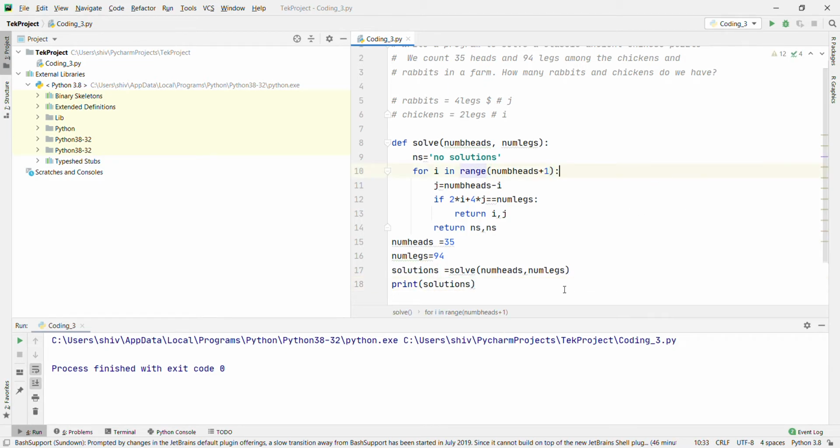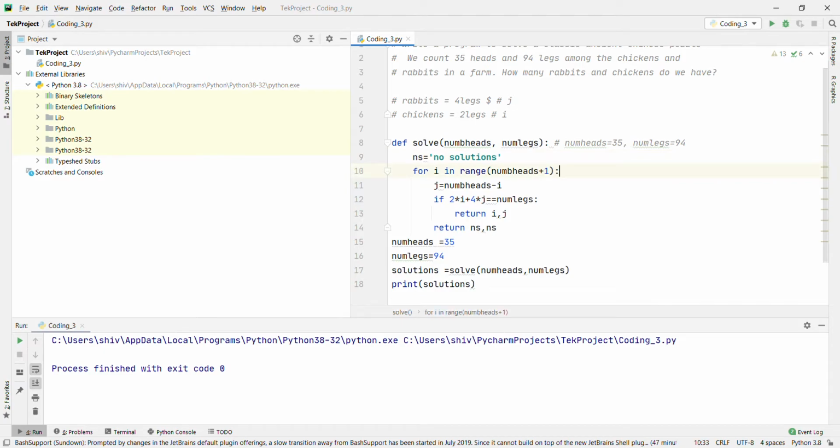Now the loop starts from here. The value of number of heads is 35 and number of legs is 94.